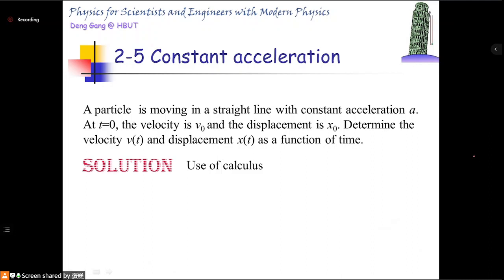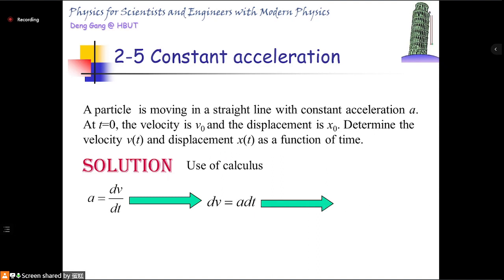So we use calculus. Start from here. Always start from this equation, v is equal to dx over dt. And we separate the variables, each side one variable, and then we calculate the integration.